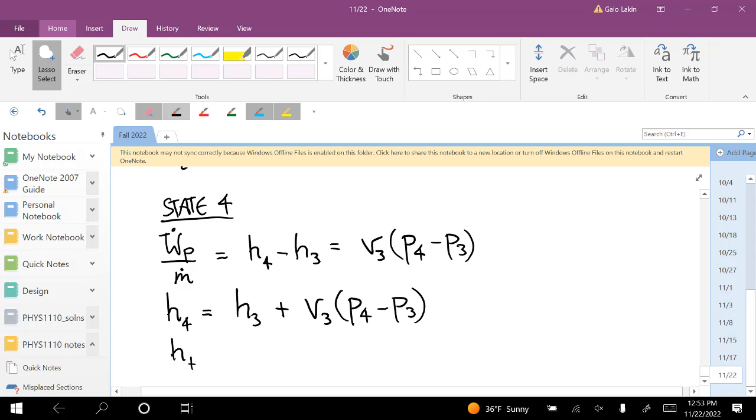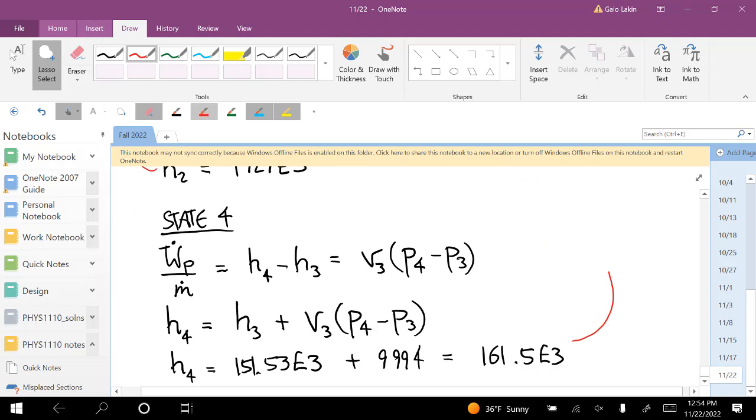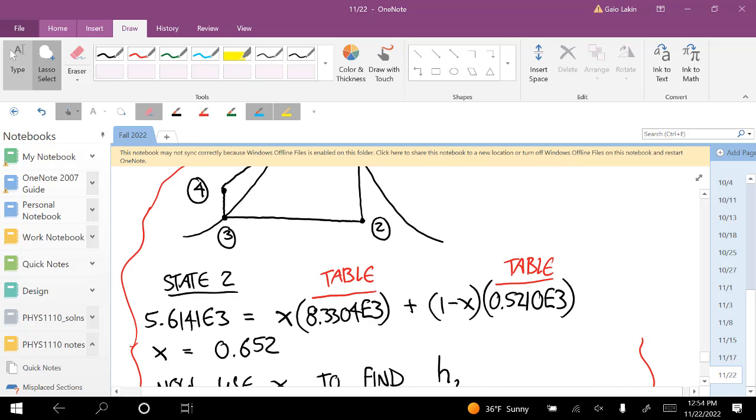So H4 is 151.53 times 10 to the third plus 9994, and so it's equal to 161.5 times 10 to the third. And now we're finally done. We have the enthalpies for everything.